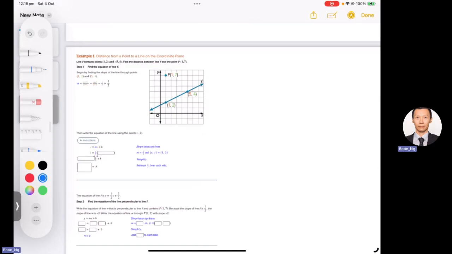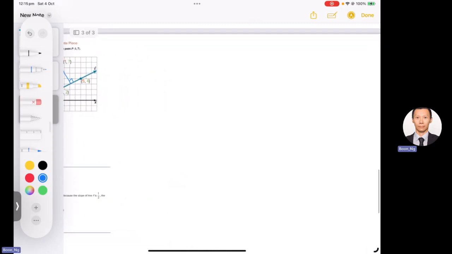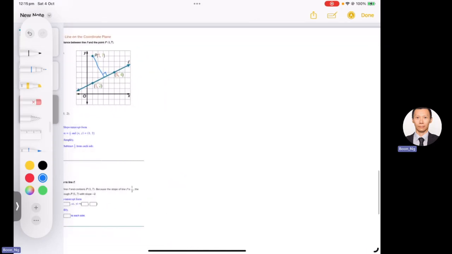Okay, example one. We're trying to determine the distance from here to here. These are the formulas that we will need.